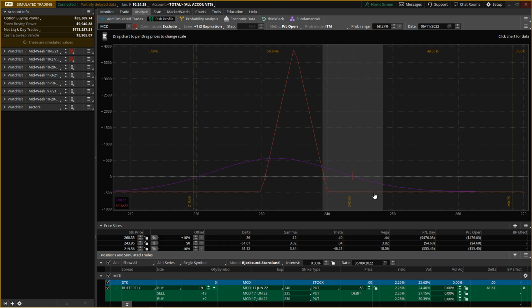So here we are, and we're just going to go ahead and read this risk graph. So I've got my cursor on the far right or the far left, and what's cool about that is it will give us our max loss, max gain. You guys have seen me do this 100 times, and I'm going to do it 101 times. Right there. So keep an eye on that. So it looks like we're risking about $477 if this goes above 240 or below 230 at expiration.